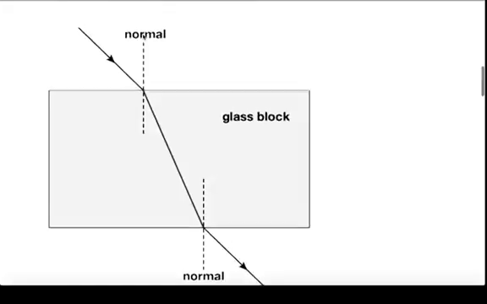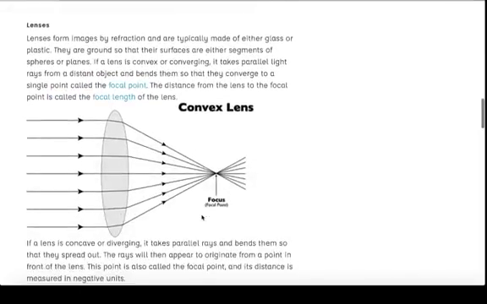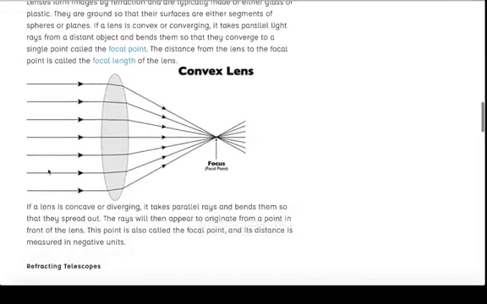When glass gets in the way, light rays are bent. We have a light ray coming in, and it gets bent through the glass and then comes out the other side. If we have a convex lens, the light is going to come through the lens, and then it's going to be focused coming through the other side.